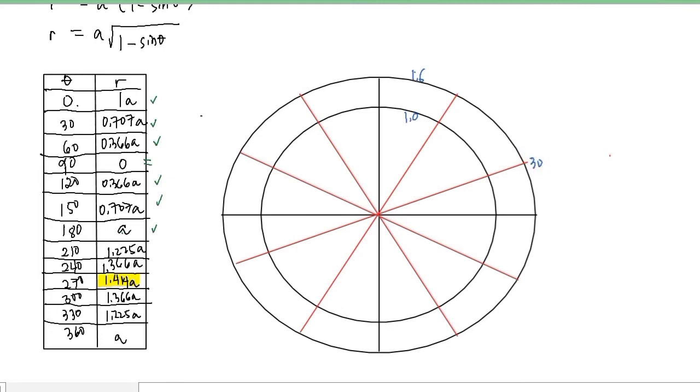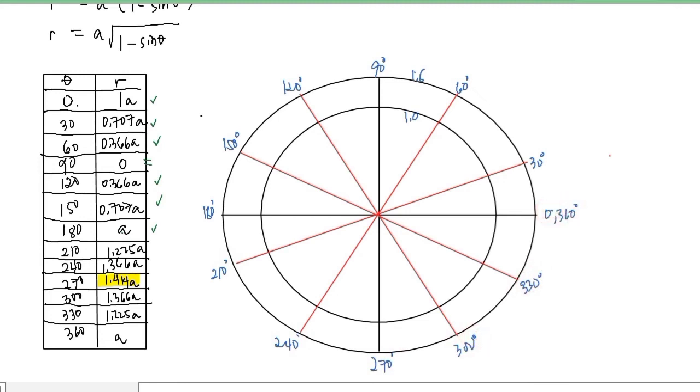This is for 60 degrees. And this is for 90. This is for 120. This is for 150. This is 180. This is 210. This is 240. This is 270. This is for 300. And this is for 330. And of course, this is for 0 and the 360.